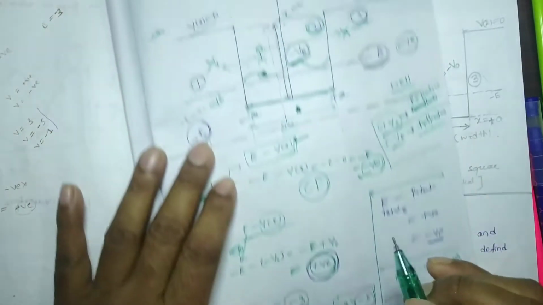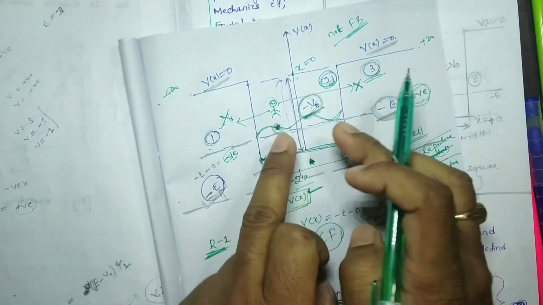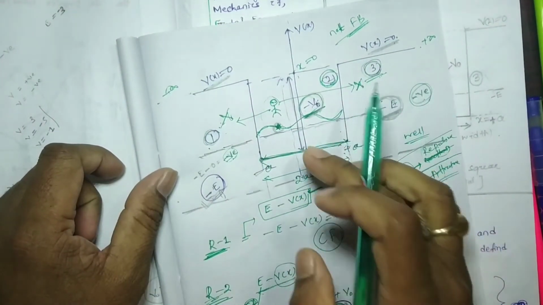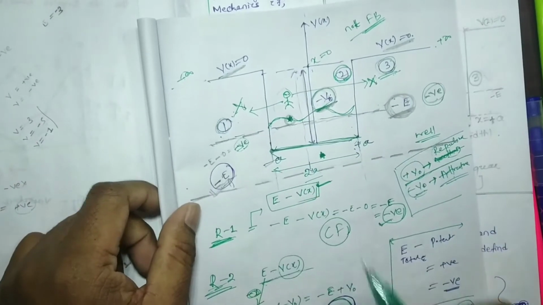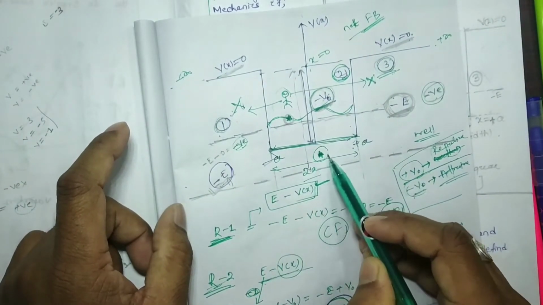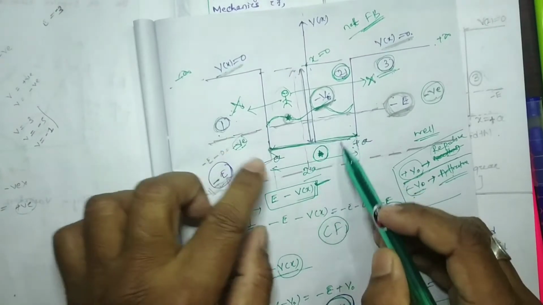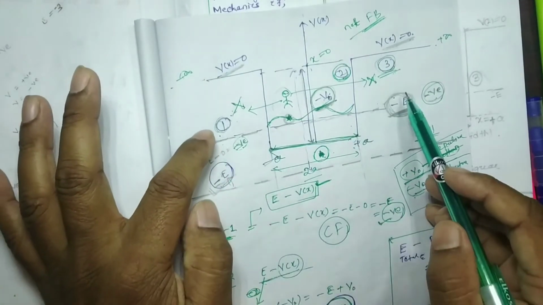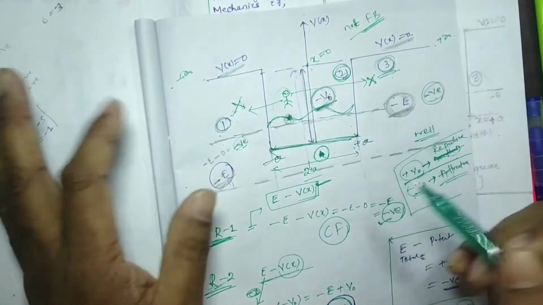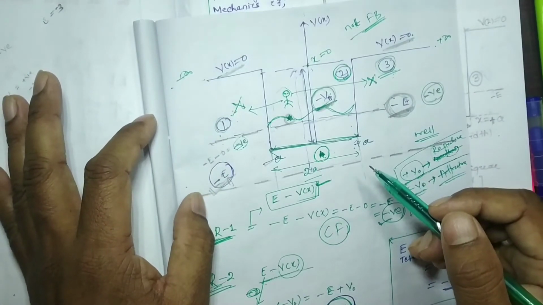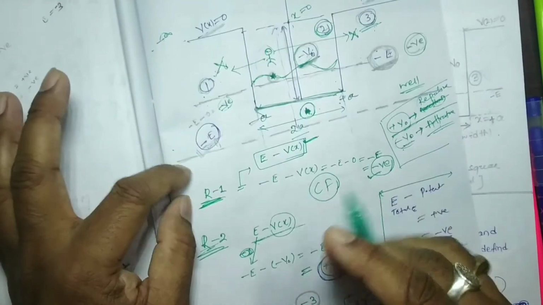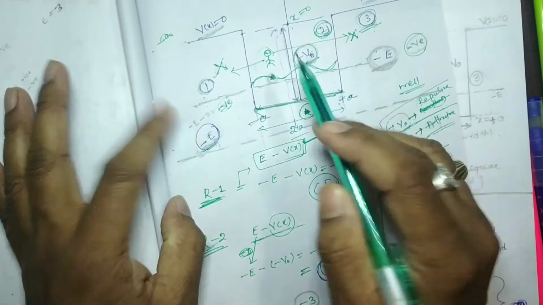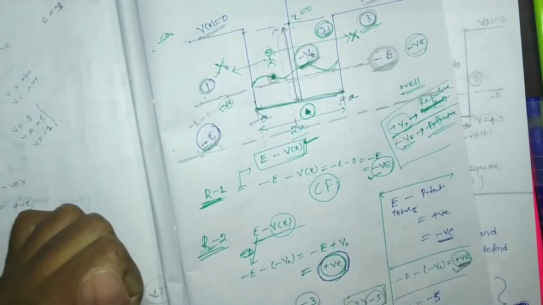So in region 2 itself the particle could not be moved. It is a classically forbidden region. You can say it is a bound region or restricted region for the particle for motion. And regions 1 and 3 are also forbidden regions. So in this way, if we take the energy to be negative and also less than the potential, that is your forbidden region.